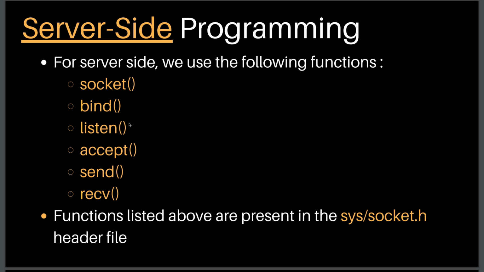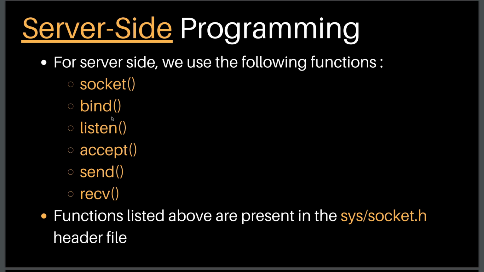Before we declare the bind function, we have to specify a structure which holds some important information needed by the bind function. We have to use that structure with the bind function. Don't get confused at this part. I'll be explaining all of this when we get to the programming part.